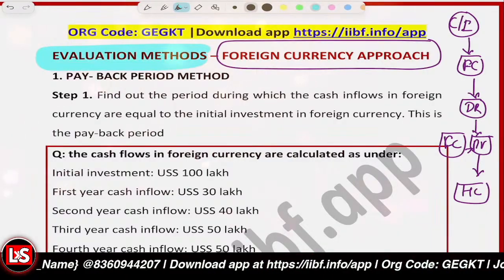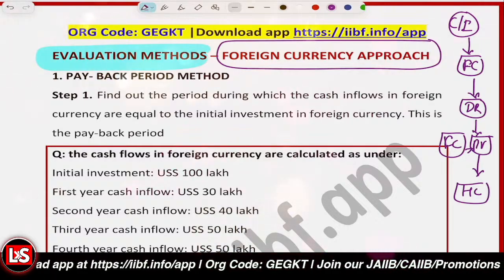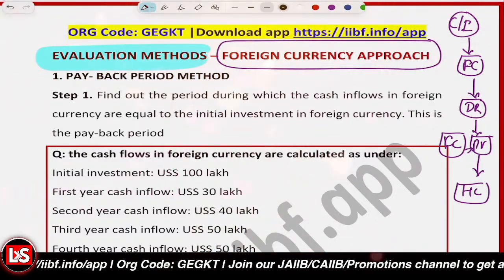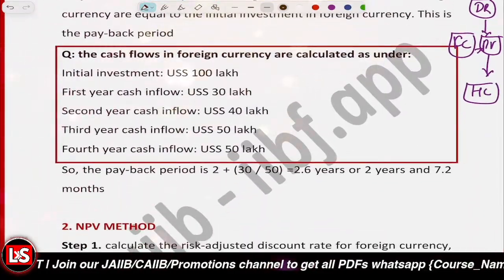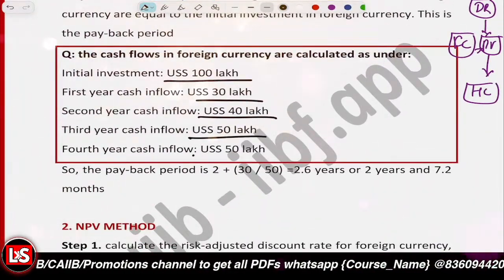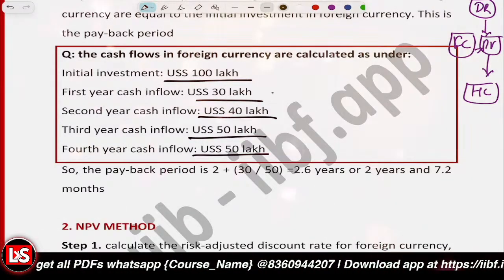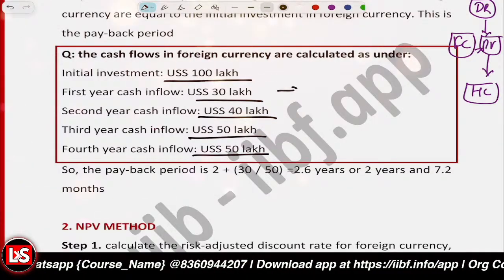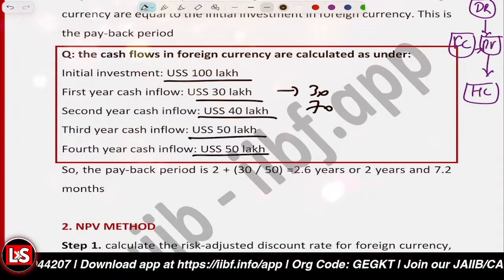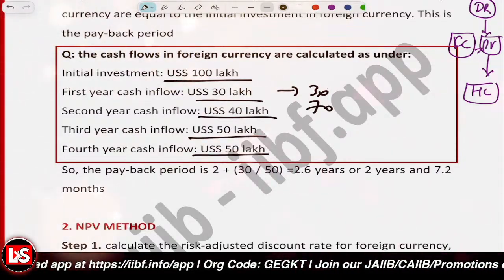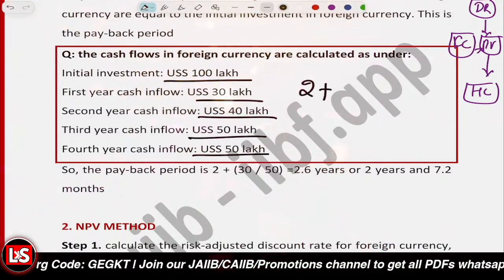So let's have a look at the evaluation method. In the same way we have to calculate the payback period method, NPV, IRR, profitability index, everything. The first case is the payback period method. The inflows are given, outflows are given, and we are investing 100 lakh rupees. 30 plus 40 is 70 up to 2 years, and further in the third year it is 50.